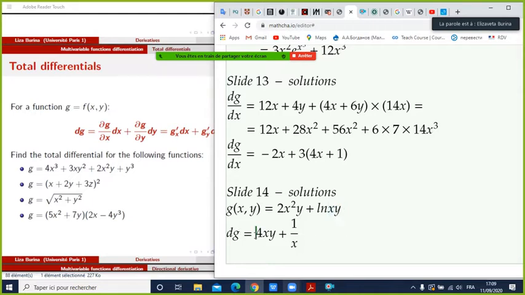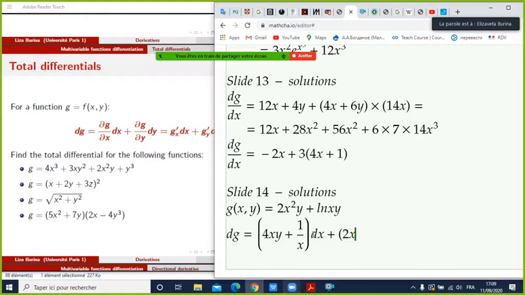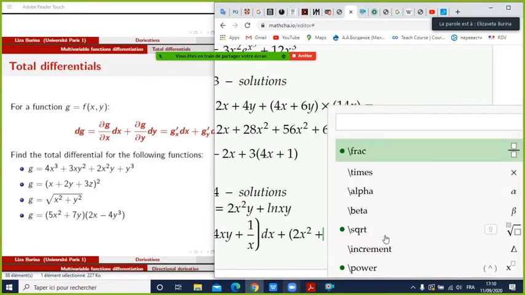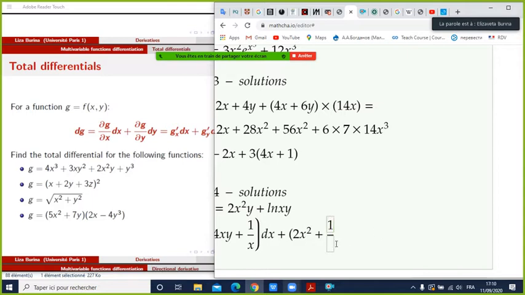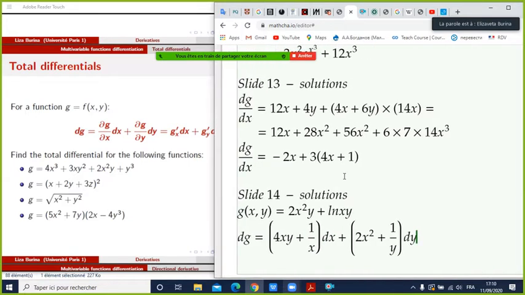So the way we write it is like that: dx, plus now we take the partial with respect to y, which will be 2x squared, because 2x squared is just a coefficient for y, plus the same thing happens here, so we end up with 1 over y, dy.